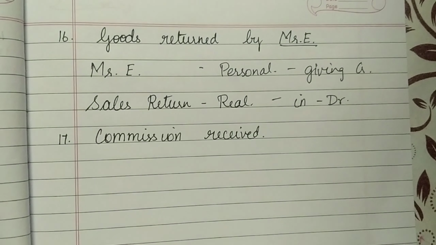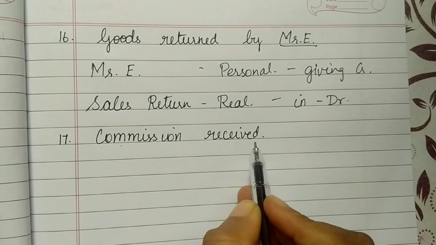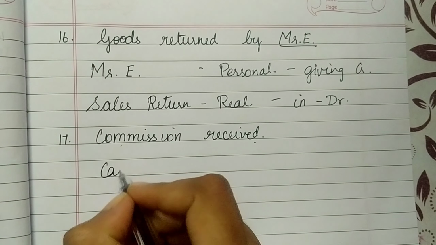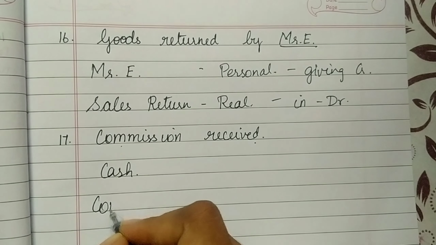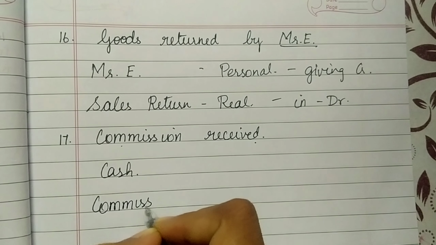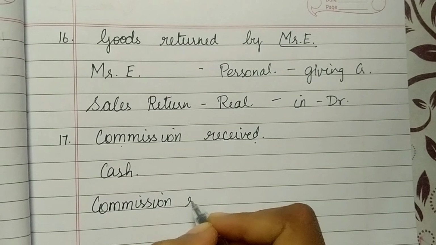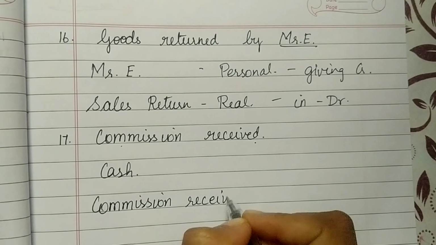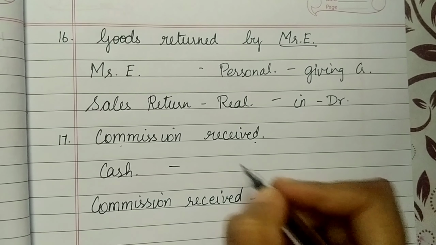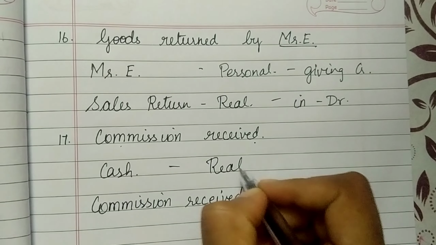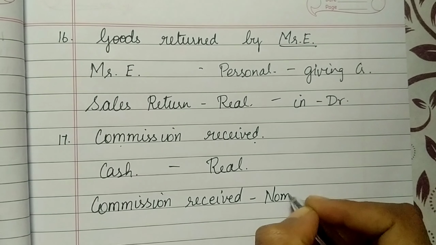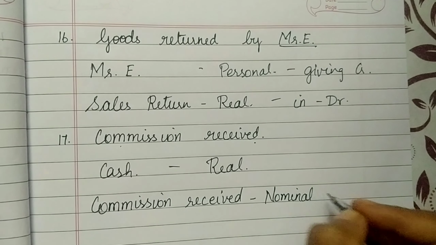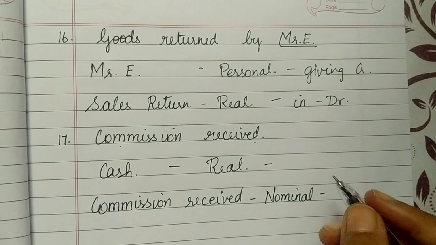Next transaction is commission received. It's obvious you're going to receive the commission through cash, and we are receiving commission. So, commission received is the other account. Cash account belongs to the real account and commission received is a nominal account. According to the real account rule, debit what comes in, credit what goes out.